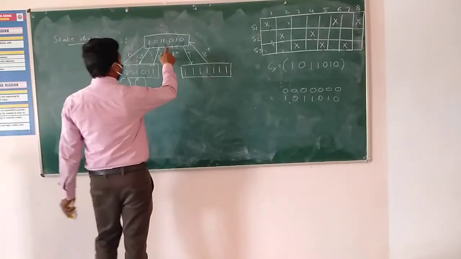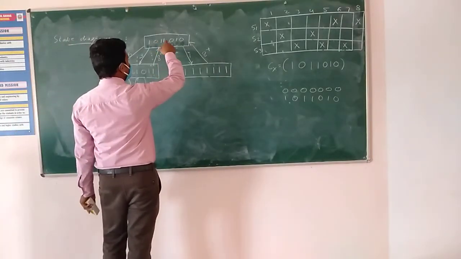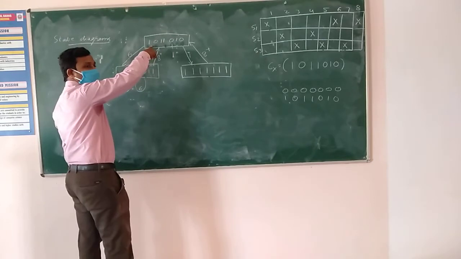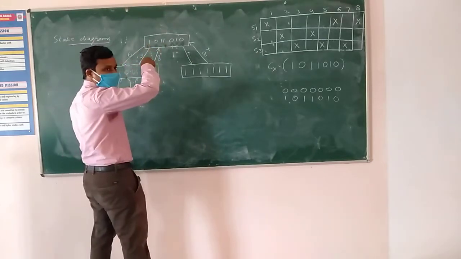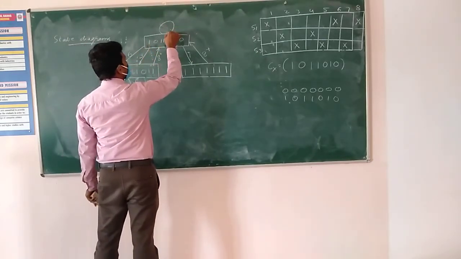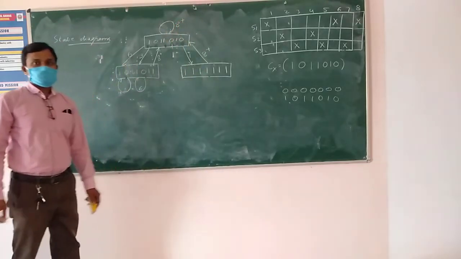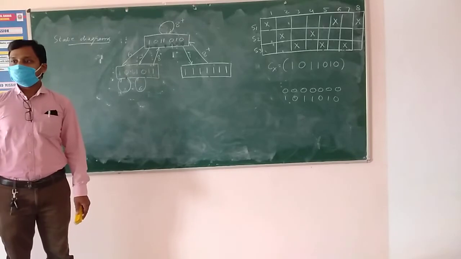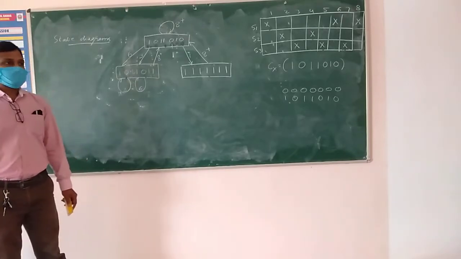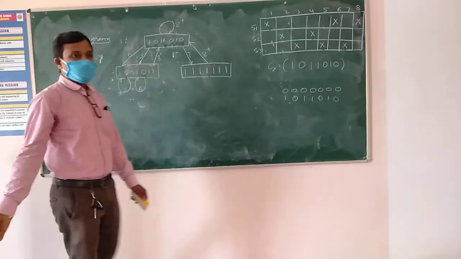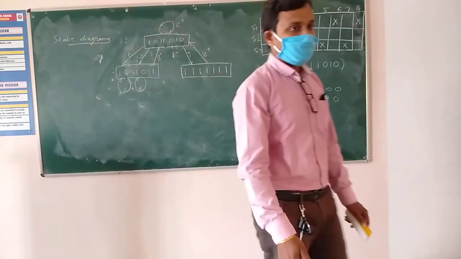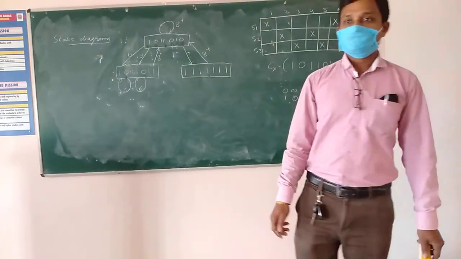And this initial state itself, if you perform 8 right shifts, again you obtain the same state. So 8 plus. So 8 and above all shifts yield the same state. Alright?